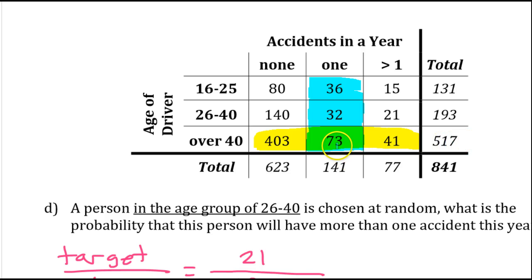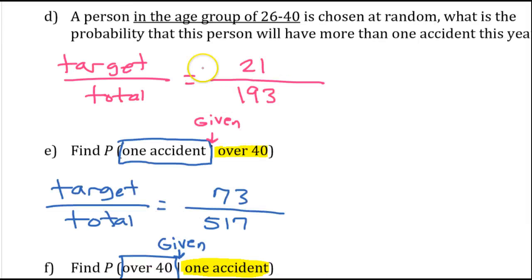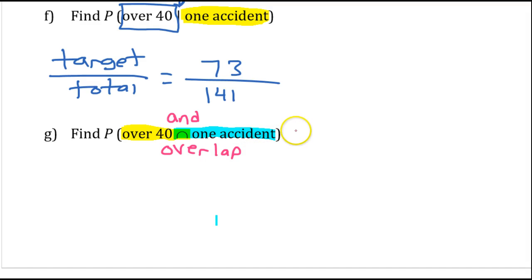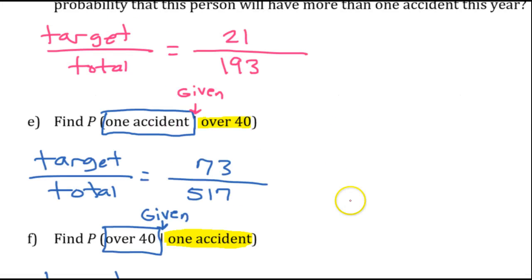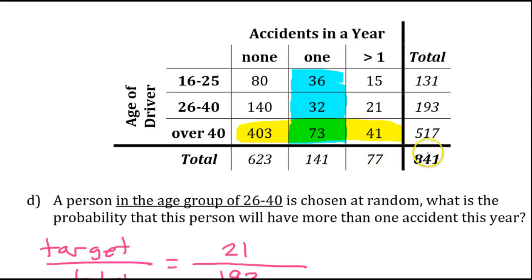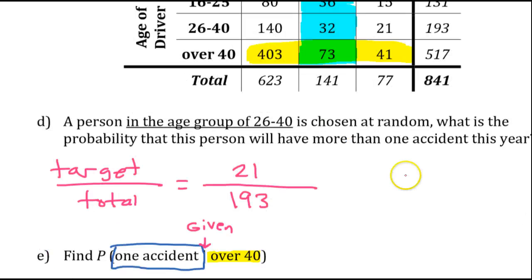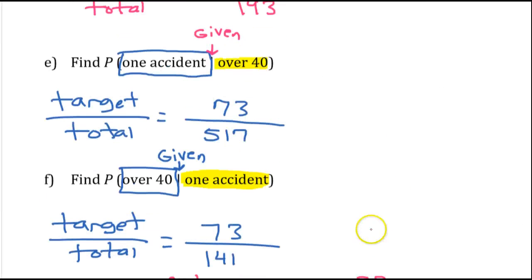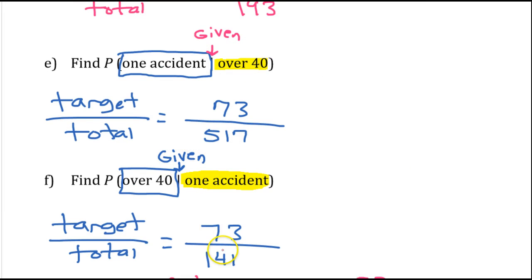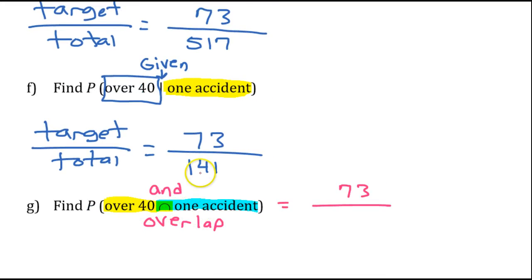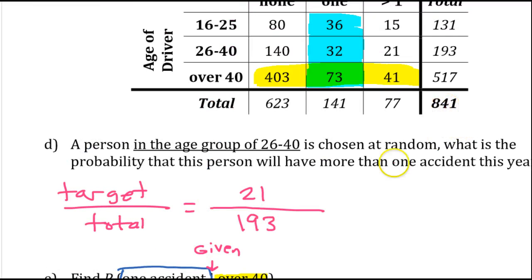So that's why we're looking at 73. Target over total: the target is the 73, and the total is the grand total of 841. The only time that will change is when we have a given problem, like the last one, and that's why the total changed. But this is not a given problem, so it'll be the whole 841.